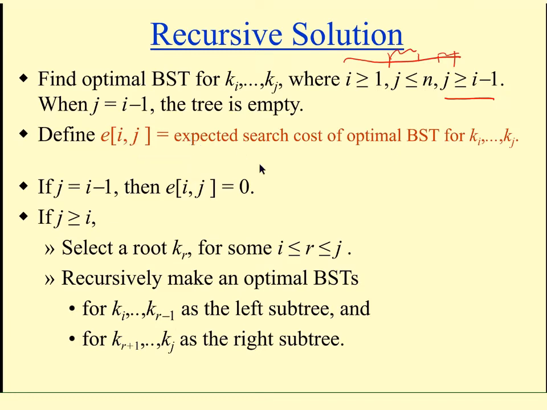So this is just a table. We want to solve any subsequence, then find the optimal BST for that subsequence. So this one is the expected search cost of the optimal BST for Ki to Kj. Our target is to find an equation.